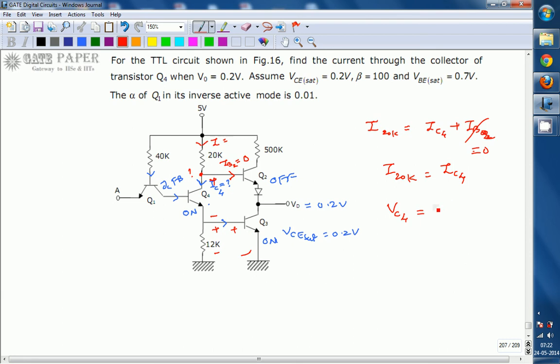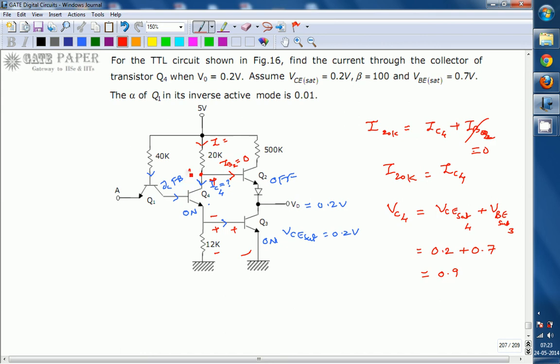So VC4 is VCE saturation of Q4 plus VBE saturation of Q3, and that is the effective voltage present at the collector of Q4. It was given that VCE saturation is 0.2 volts and VBE saturation is 0.7. So the total voltage at the collector of Q4 is 0.9 volts.